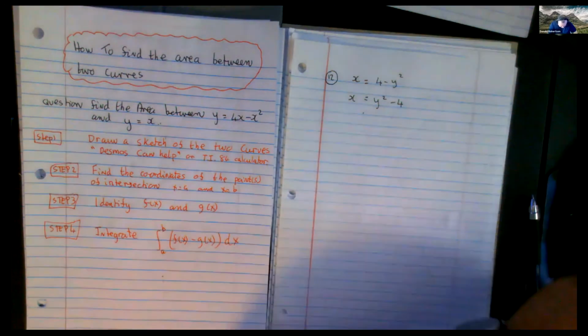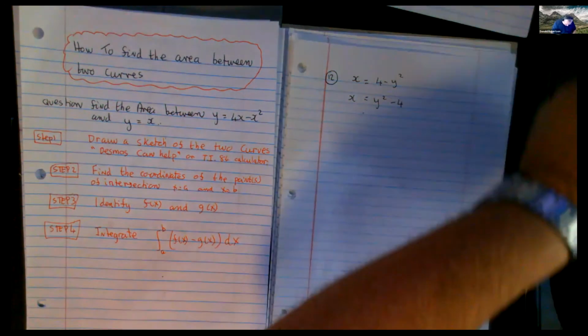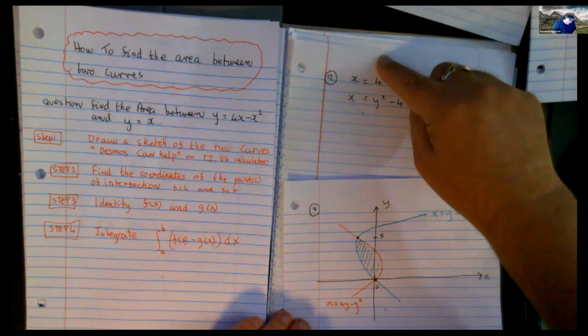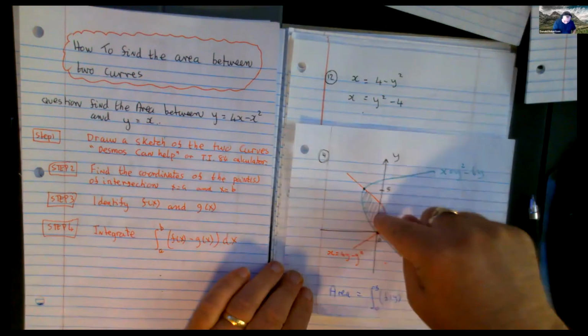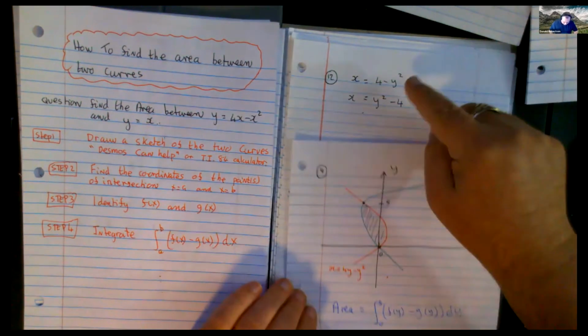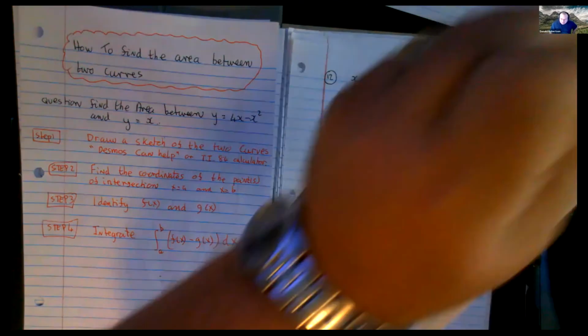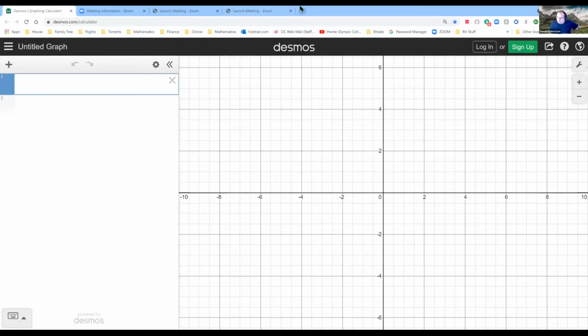Essentially, I'm going to use this piece of information to draw that picture, right? So we're going to use this on Desmos to see what it looks like. So let's see what that becomes. I should have Desmos set up. I just need to find out where it is. Here it is. Are you looking at Desmos right now?